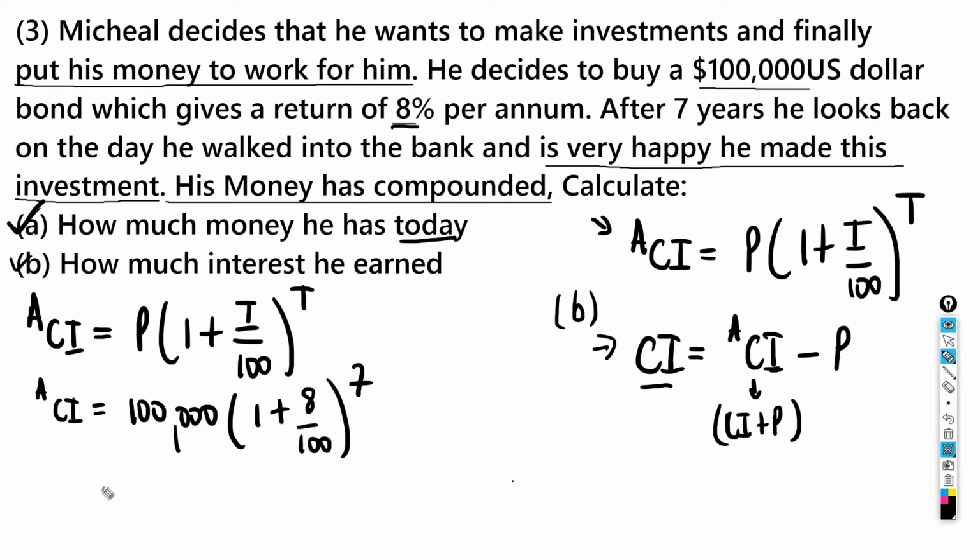So we should end up with 100,000 times 1.08 to the 7. All right, and we're going to use our calculators, guys. On the calculator, it should be 1.08. You always work out this part first, right? So it's 1.08 to the 7, and then you multiply it by the 100,000.